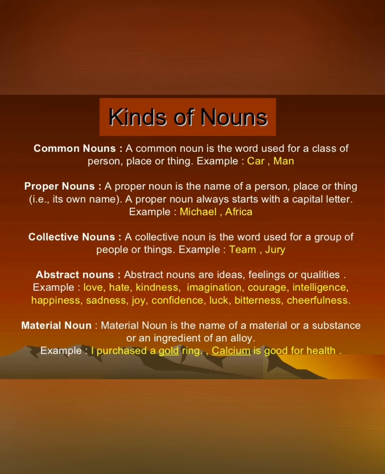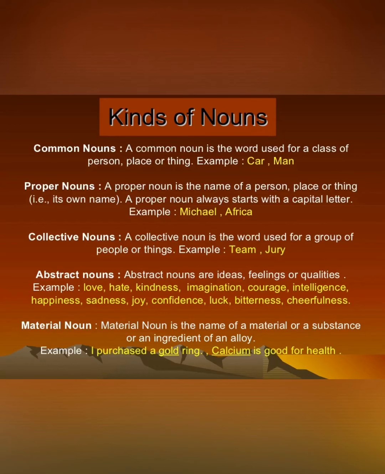Then we have countable nouns. They have a singular and a plural form and can be used with the number or a or an before it. They are sometimes called count nouns. For example, car, desk, cup, house, bike.